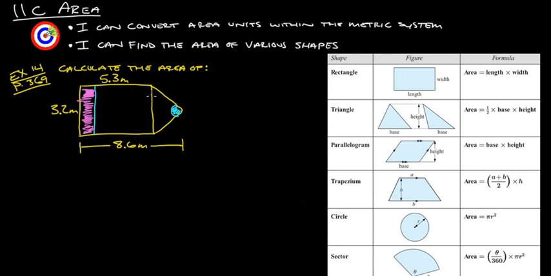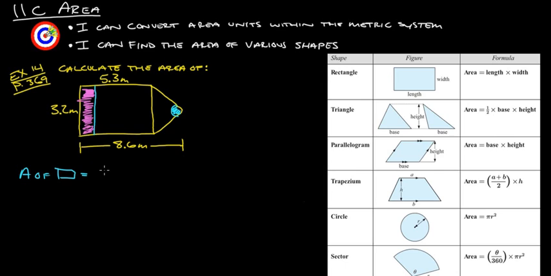So really what you probably want to do is figure out the area of this rectangle in here, and then find the area of the triangle, and then add those together. So area of the rectangle. That's supposed to be a rectangle.